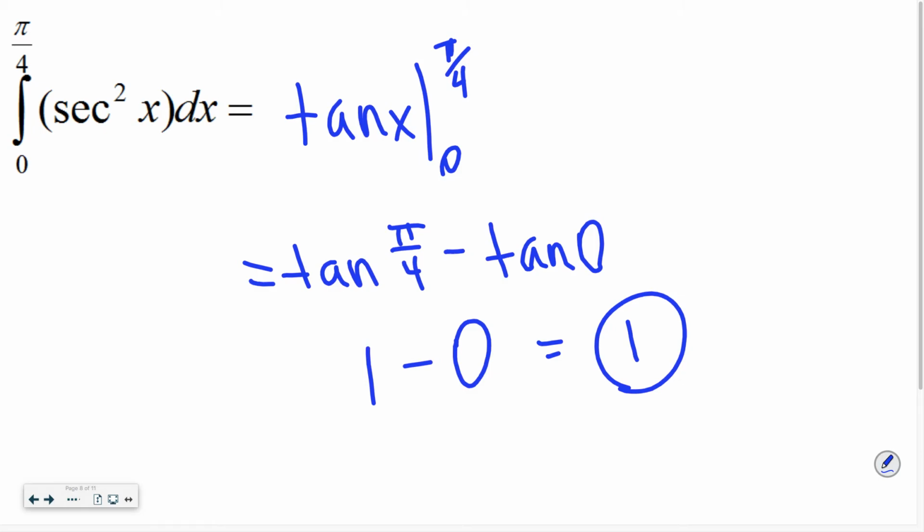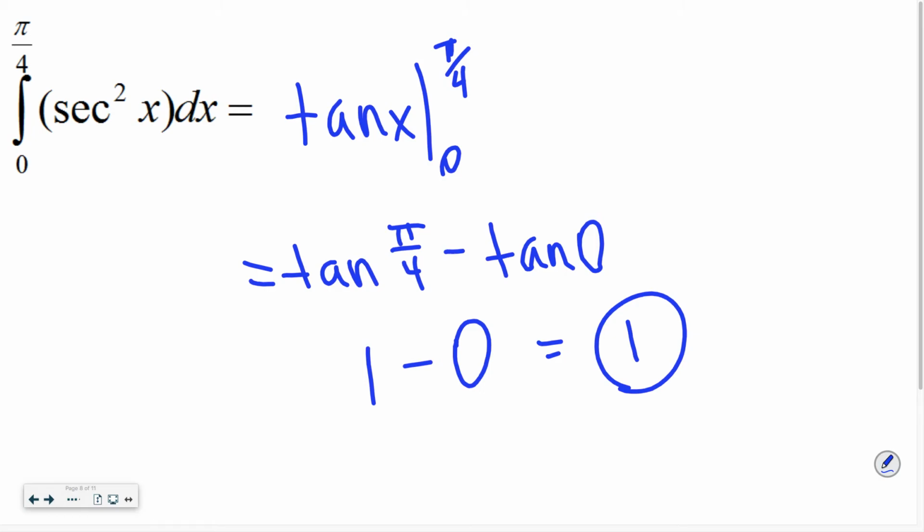When you use Math 9 and you have a trig function, you better be in radian mode. So check your calculator, make sure you're in radian mode, and then try the Math 9 command to calculate this antiderivative. Remember to enter secant, you must do 1 over cosine, because those are reciprocal functions.